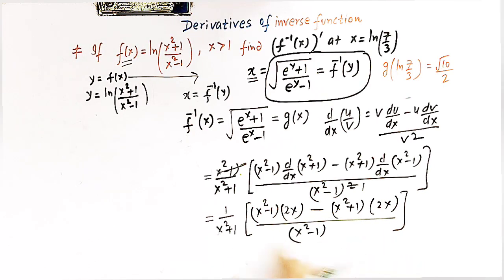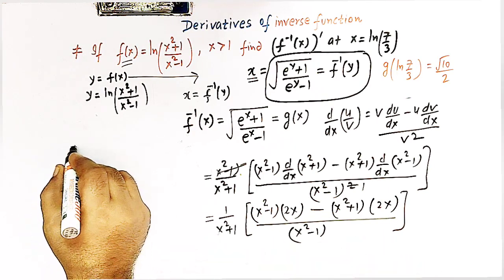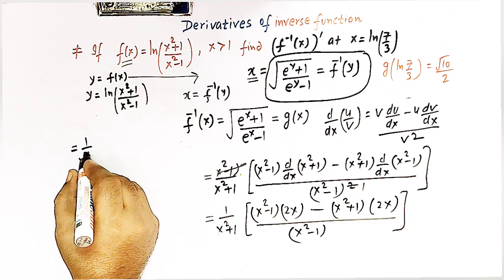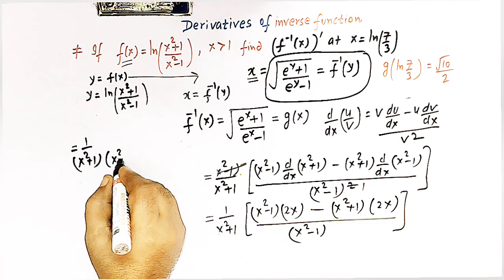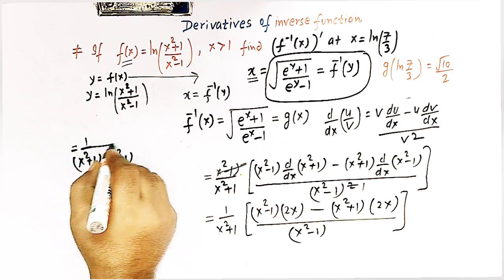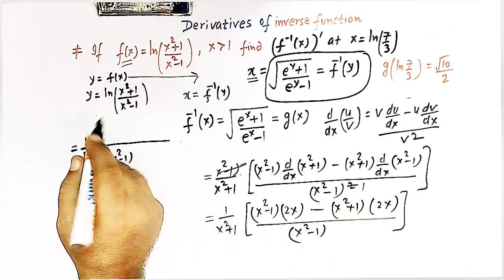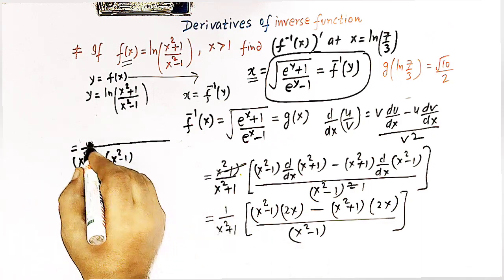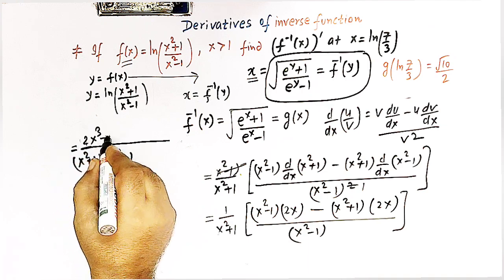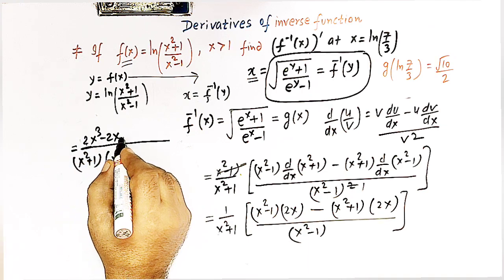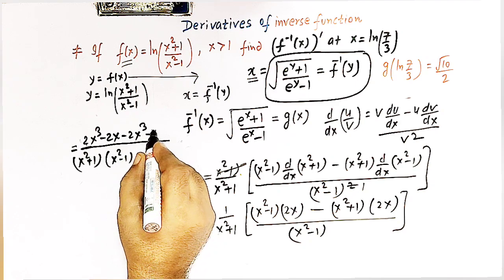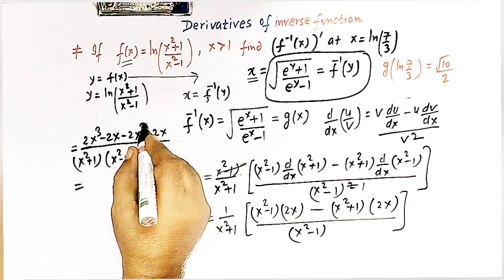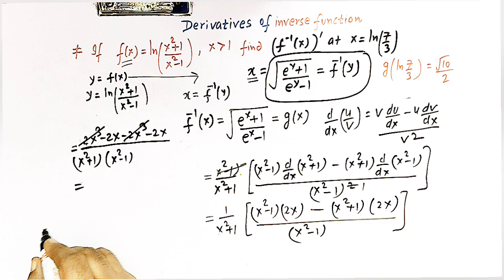So now simplifying this term, we have 1 over x square plus 1 multiplied with x square minus 1, and in the numerator we can now write 2x cube minus 2x, and then we have minus 2x cube and minus 2x. So this term and this term get cancelled.